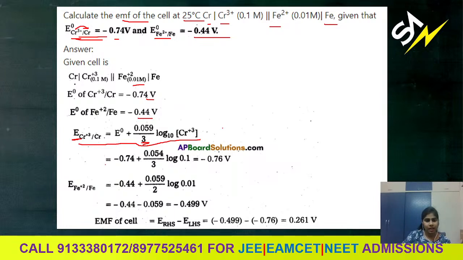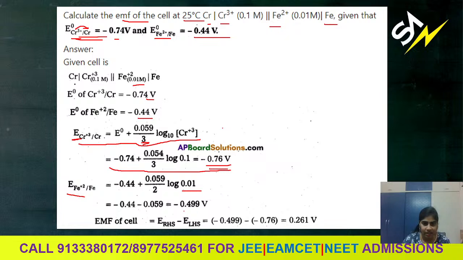If we apply all these values, we get the value of E of Cr^3+ to Cr as minus 0.76 volts. Similarly, we need to calculate E of Fe^2+ to Fe. Apply the concentration here, that is 0.01 M, in the Nernst equation.